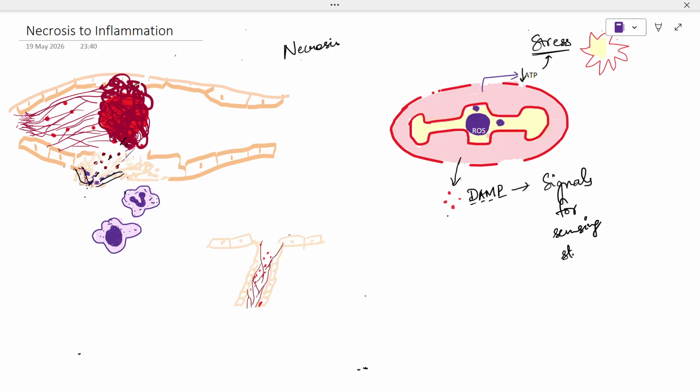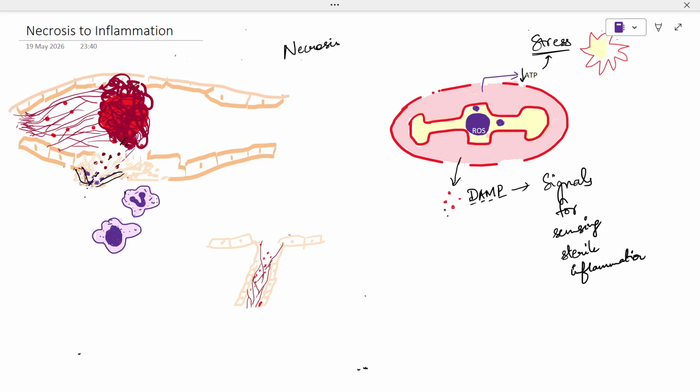sterile inflammation. Now, what is sterile inflammation? Whenever there is an inflammatory reaction in the absence of any infectious, microbial, or pathogenic organism, it is called sterile inflammation. So these DAMP molecules act as signals for sensing sterile inflammation.